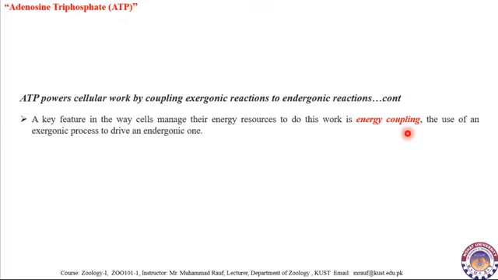The energy liberated by the exergonic reaction will be incorporated into the endergonic reaction. So these endergonic and exergonic reactions occur simultaneously. They are just like two rail tracks, so they occur side by side.